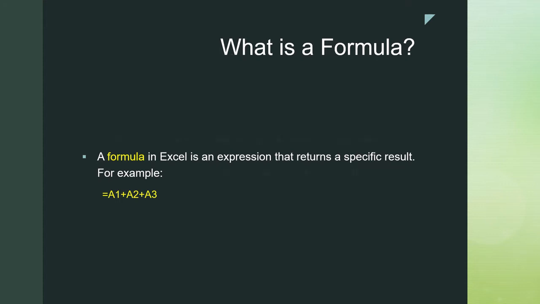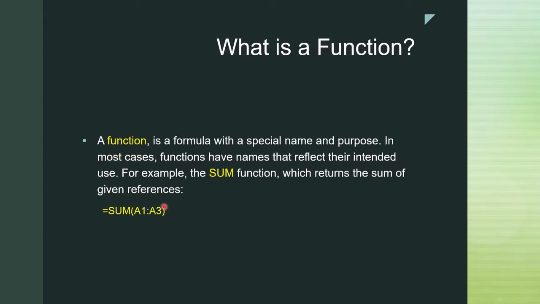Now, on the other side, a function in Excel, my friends, is a word that triggers Excel to do something for us. This word has a special name and purpose. We've been using functions all this time and we just never noticed. For example, the sum function, the maximum function, the minimum function, the average function.